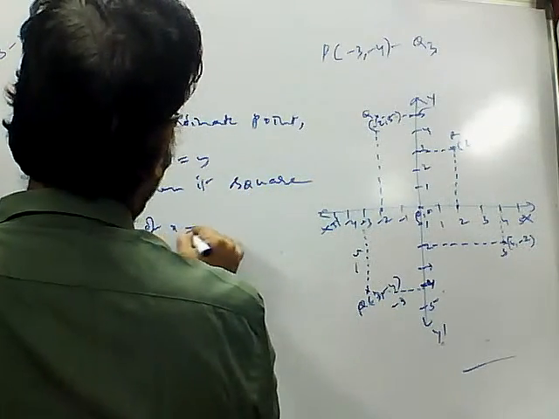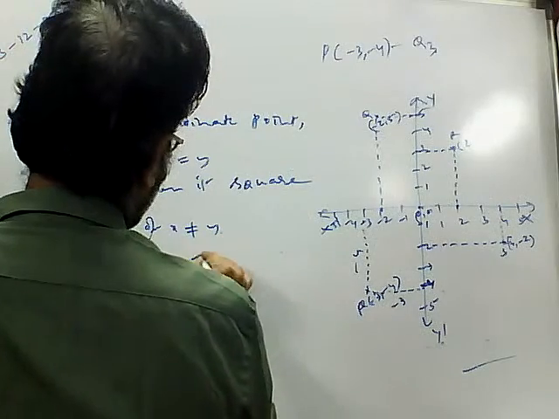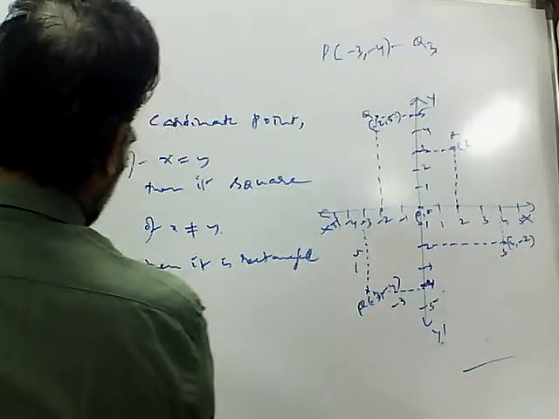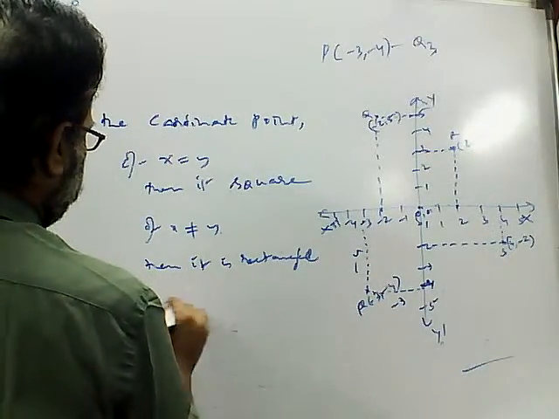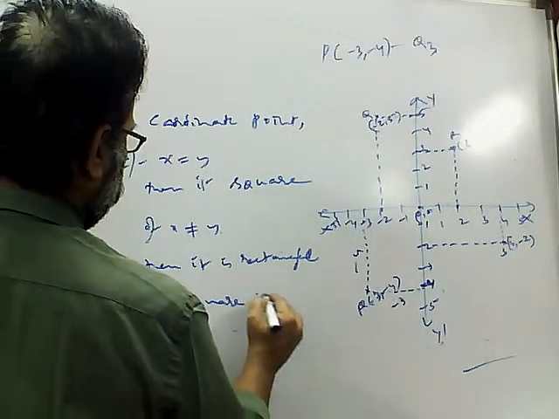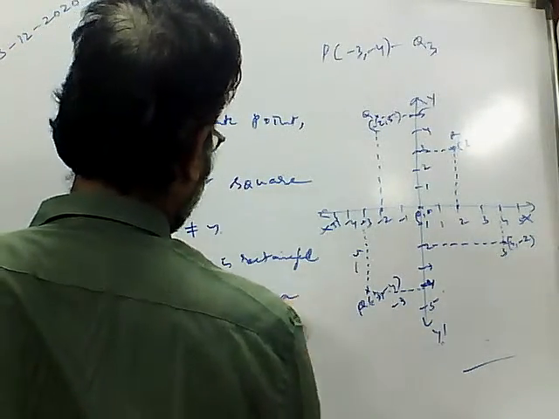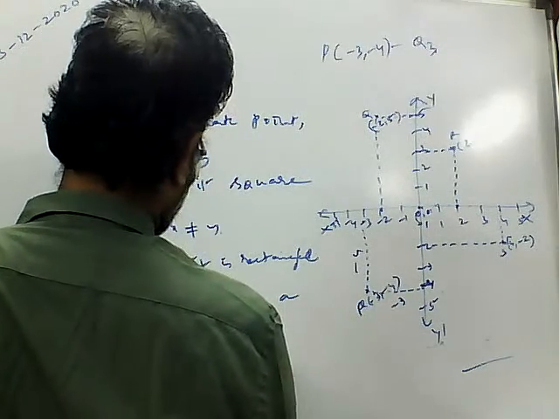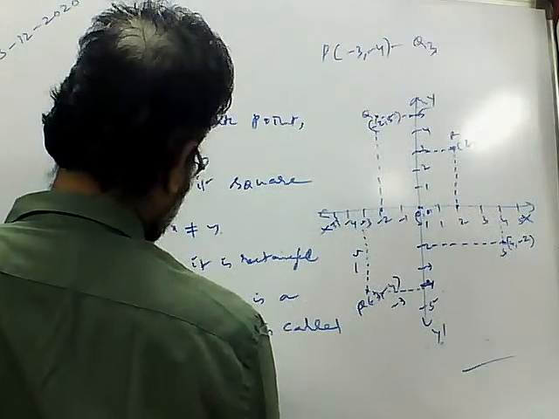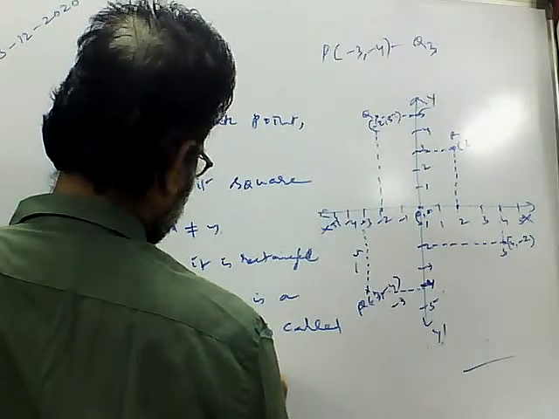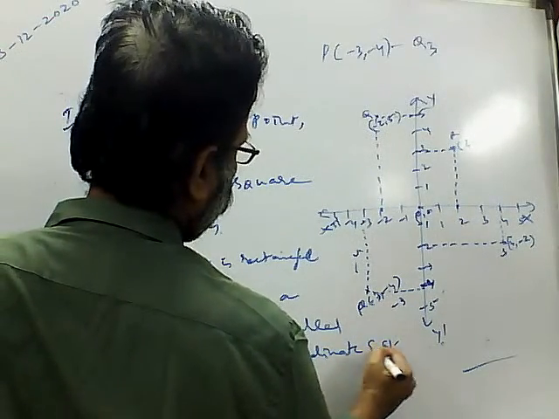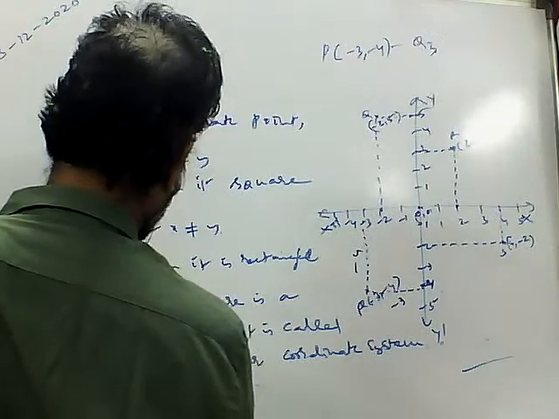If x is not equal to y, then it is a rectangle. But every square is a rectangle. So it is called the rectangular coordinate system, Cartesian.